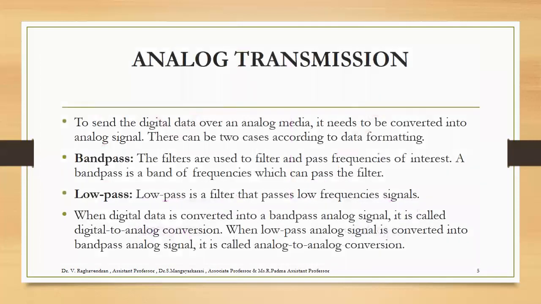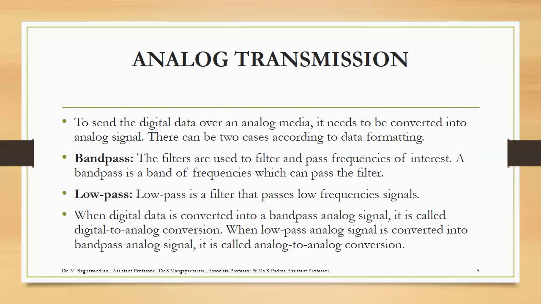So next we are going to see analog transmission. Analog transmission means we are going to use an analog signal and transmit it from one place to another place. To send digital data over an analog medium, it should be converted into an analog signal first. In this category, there are two cases according to data formatting.